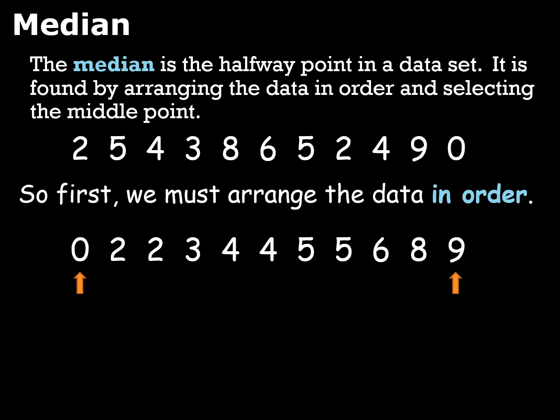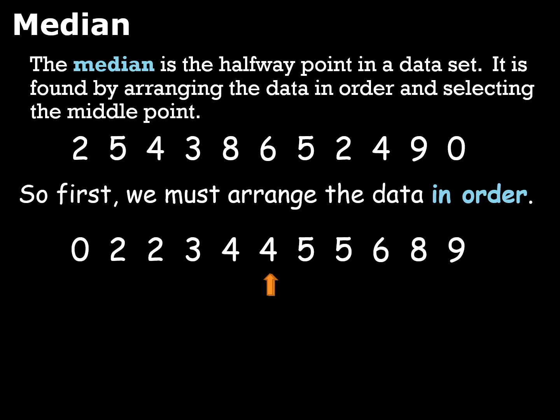Okay, so this is our data set. Because it's a small data set, we put it in order, and then we start at the ends and march in towards the middle to find the middle point, because remember, the median is the halfway point in a data set. We start at the 0 and 9, and keep going one at a time until we find a middle value.